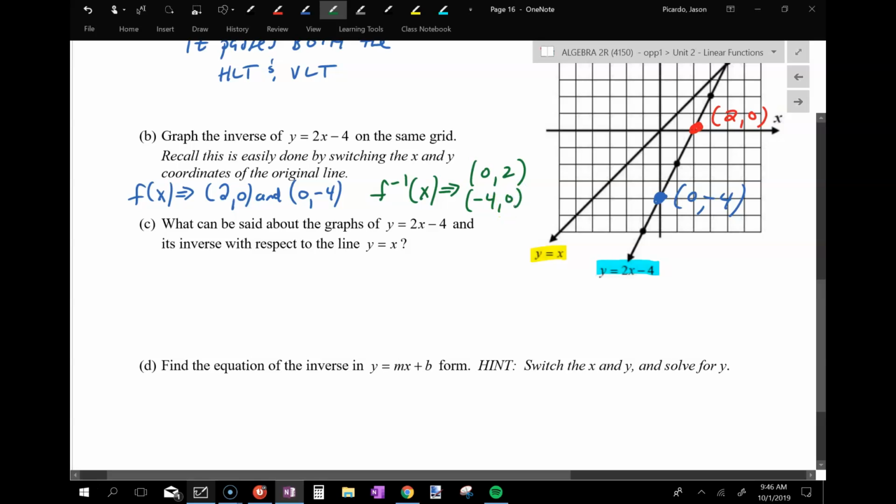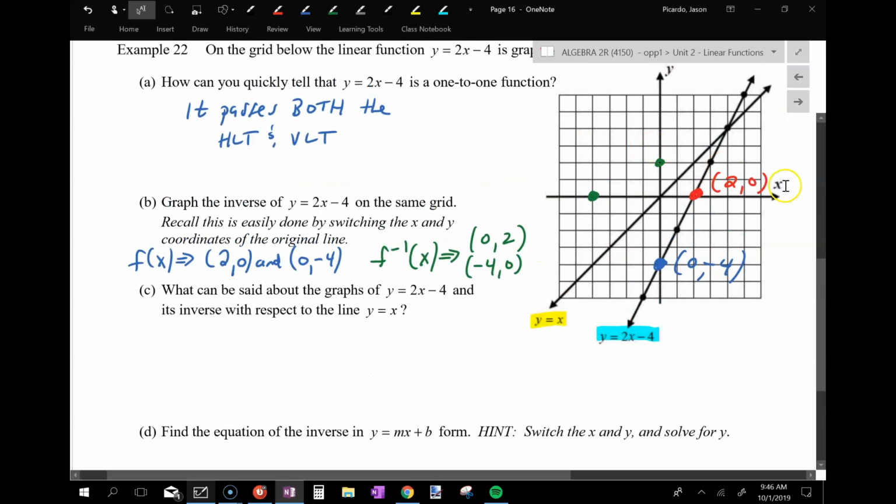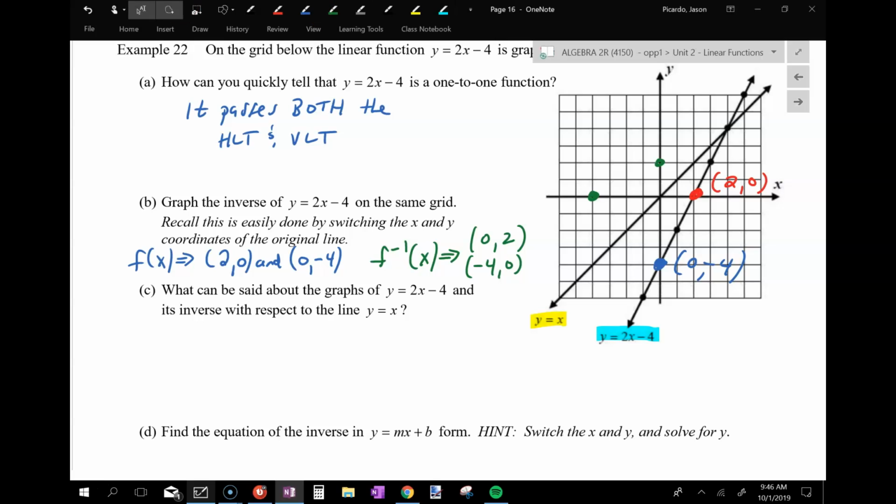And so if I plot those 2 points, I know 2 points that are on the inverse. There's 1 point. There's the other point. I only need 2 points to create the equation of a line.